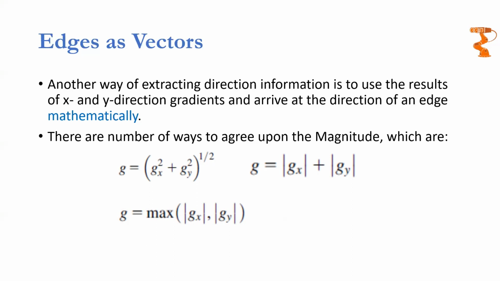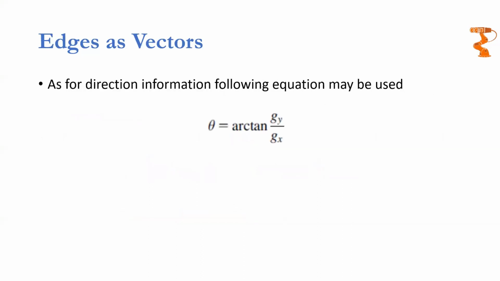So there are different ways to agree upon the magnitude. Now if you know the magnitude in the x direction and in the y direction, then what would be the net direction of the edge? There is only one way to figure that out, and that is using the arctan function, the inverse of tan.